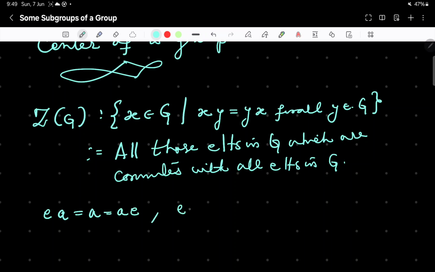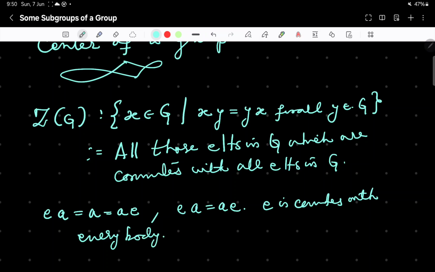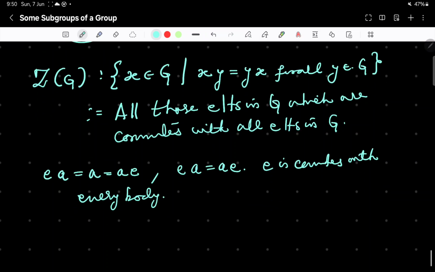So that means e a equals a e, so e commutes with everybody. So is there any other element? We collect it. That is what we call the center of G: all elements which commute with everybody.